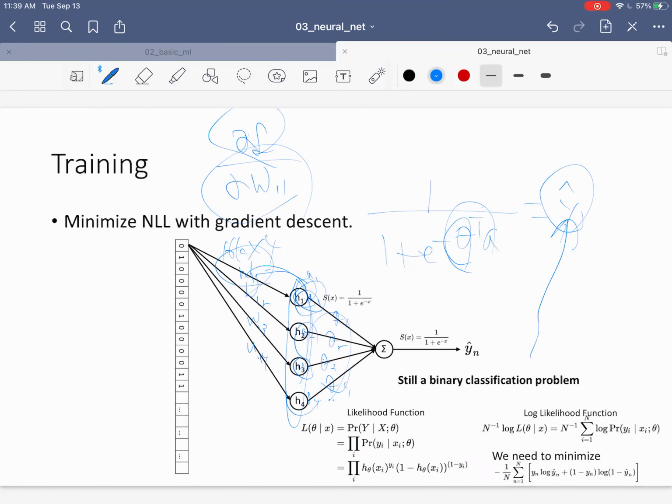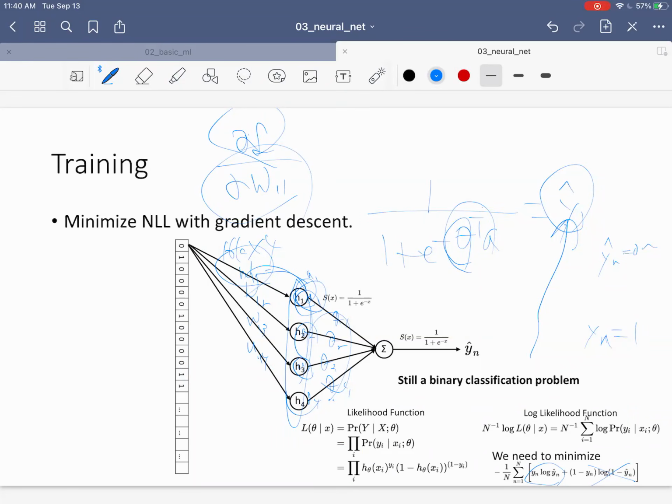Yeah, so let's assume that your true y is 1. So this term goes away, and you're only left with this term. And your y hat n can be any value between... actually, oh yeah, it has to be a value between 0 and 1.